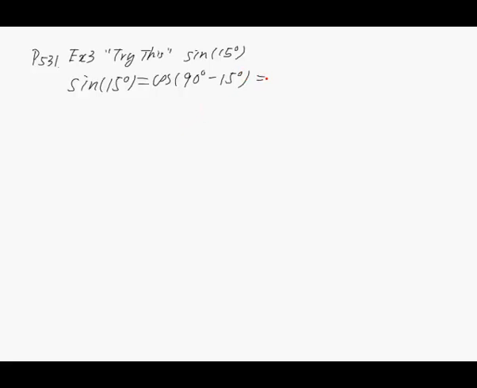And then this is equal to cosine of 75 degrees. And we just found the exact value of the cosine of 75 degrees in one of the previous examples, right? And we know this is equal to root of 6 minus root of 2 over 4.